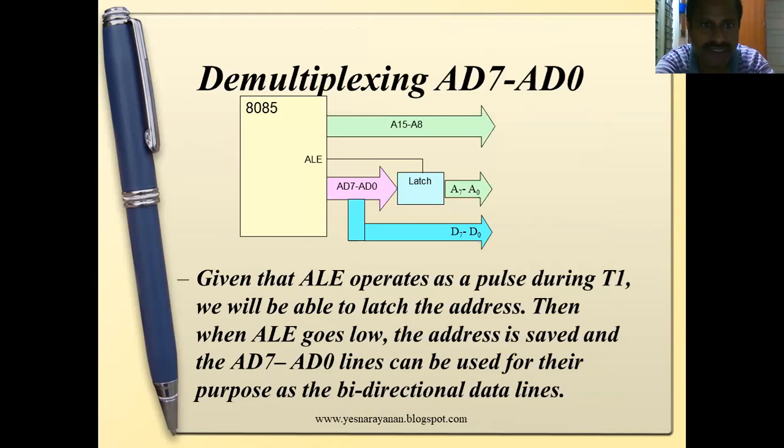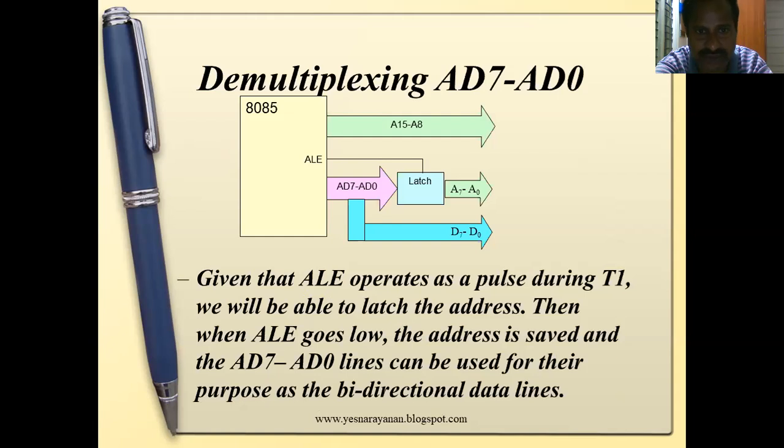Now, this circuit gives the demultiplexing of AD0 to AD7. Higher order address bits A8 to A15 are on a dedicated bus. They need not require any demultiplexing.